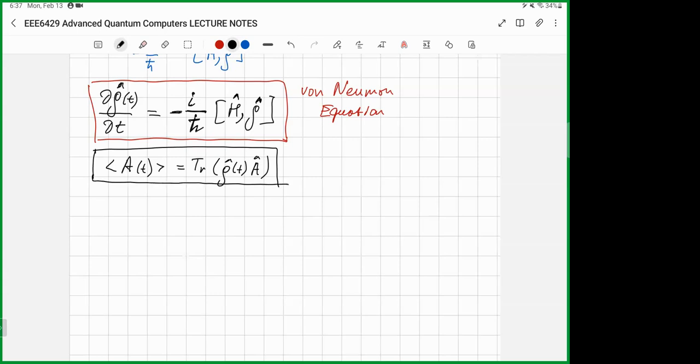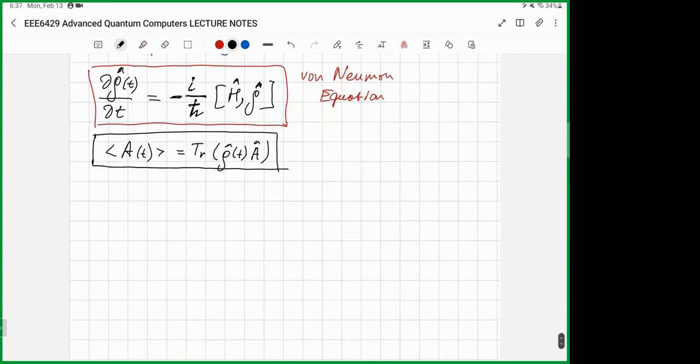So these two equations are basically the solution to any closed quantum systems, let's say this way. And about dissipations we will talk just a little later.